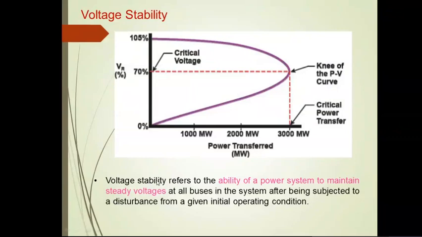Remember one thing: though it is agreed that the variation in the voltage is dependent upon the reactive power, if the reactive power demand is perfectly matched with the reactive power generation, then the voltage remains at a steady state condition.